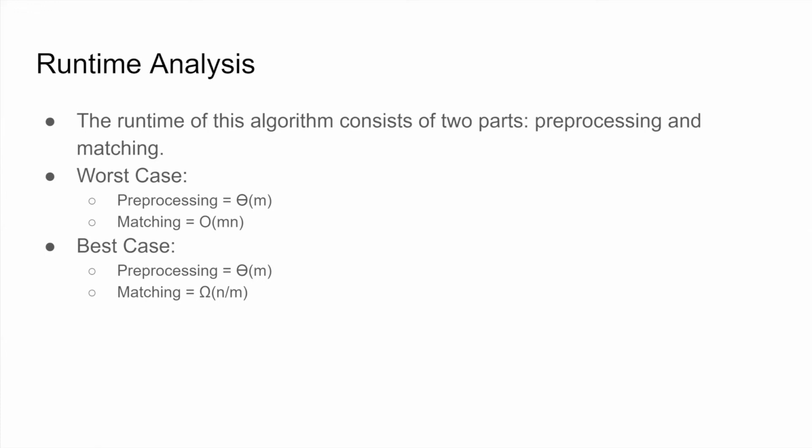So let's say your pattern is a string of 5 capital B's and your text is made up of 1,000 capital B's as well. That would give you the worst case. Now, the best case would be the exact opposite, and that would be if your pattern and your text are completely different. So that's for the runtime of the algorithm.